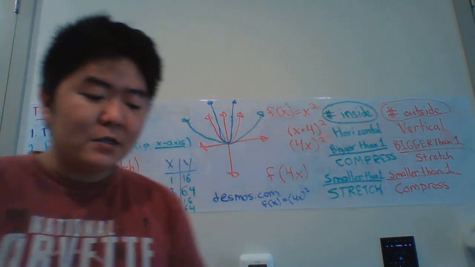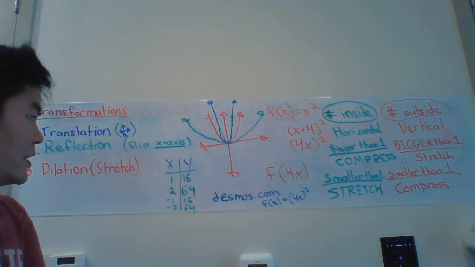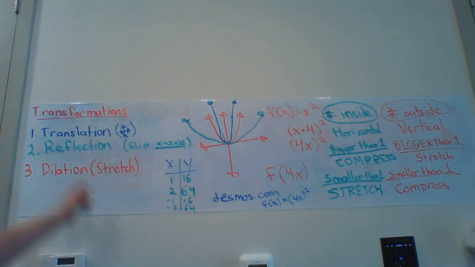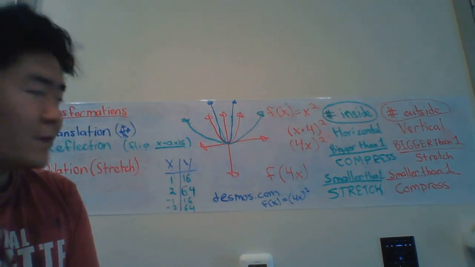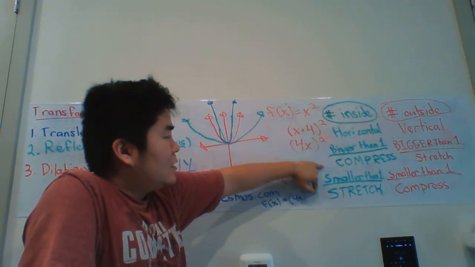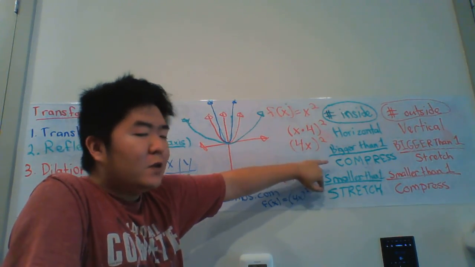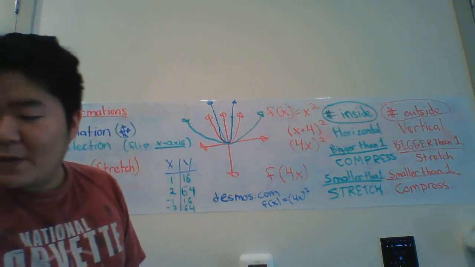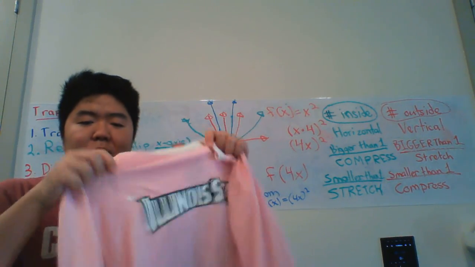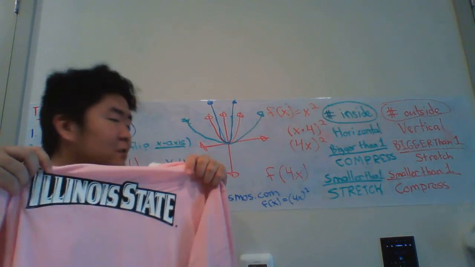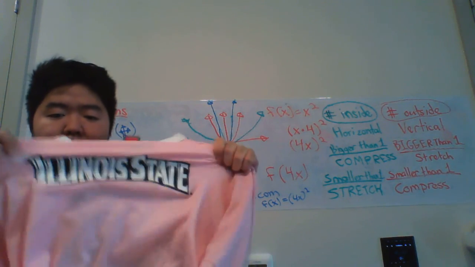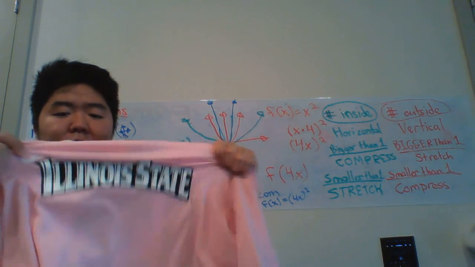So that is my think aloud. That is my process through going through each one. You can definitely skip around if you need some review. I know this one can be a little confusing, but just always think back to the t-shirt, right? If it's inside, then you're going horizontal, right?